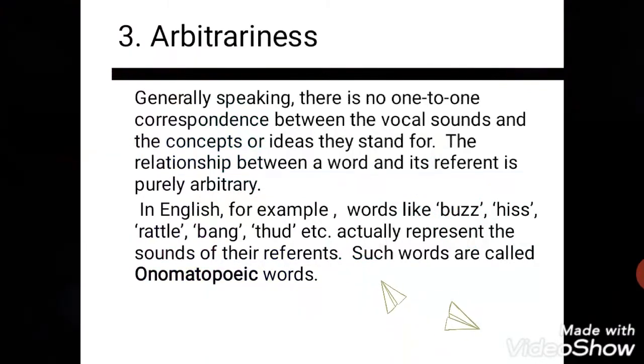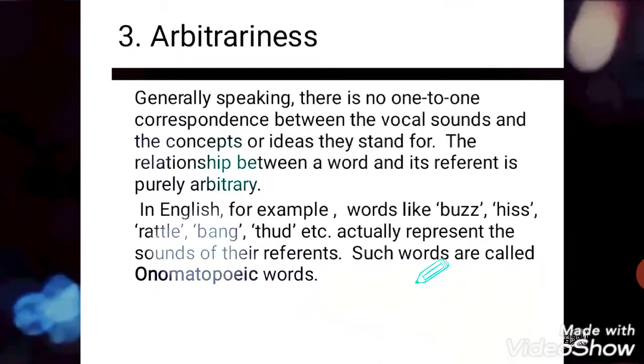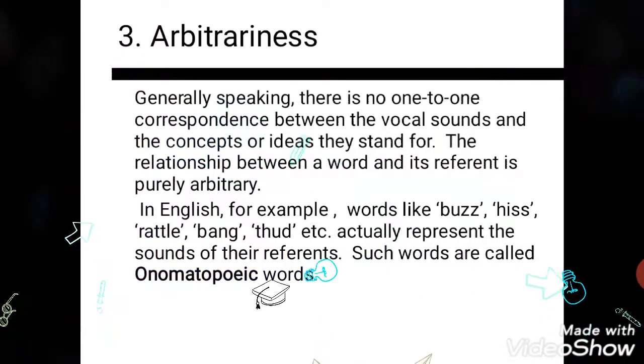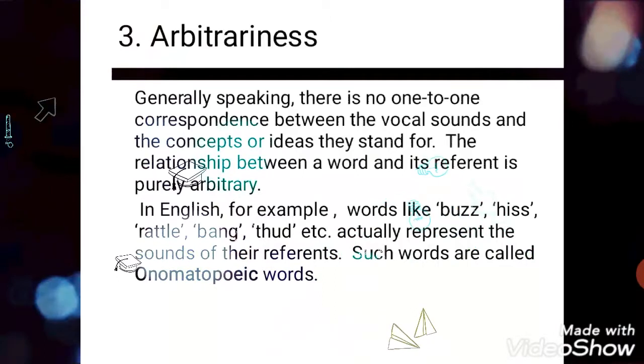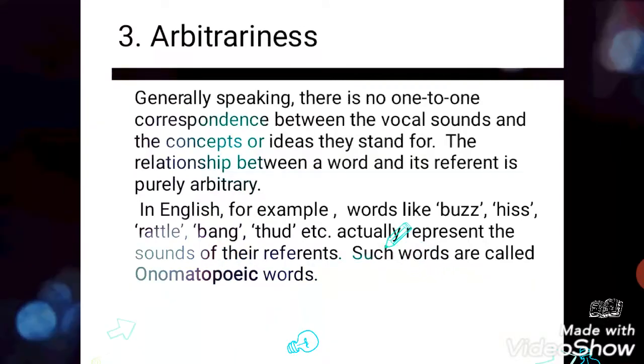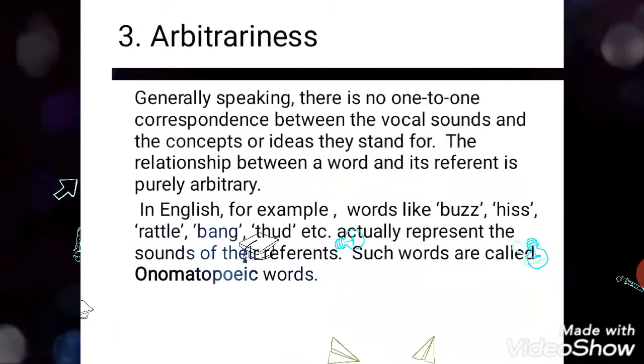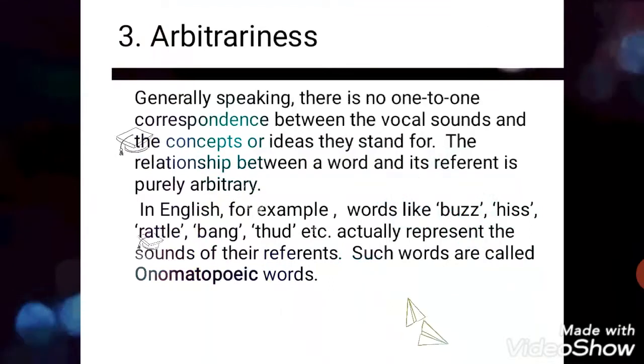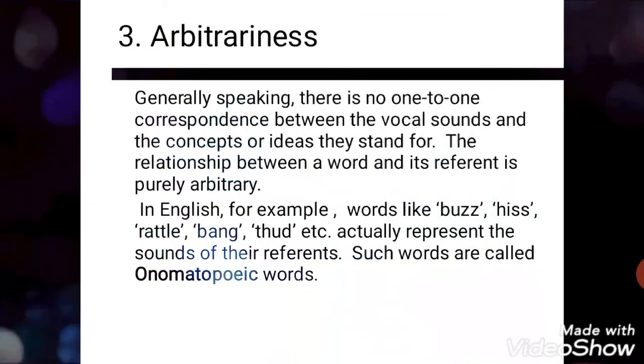With the exception of such words, the relationship between the signifier and signified is generally arbitrary. So that is arbitrariness. Simply, there is no logical or positive relationship between the word and the object, or the signifier and the signified. That is arbitrariness.